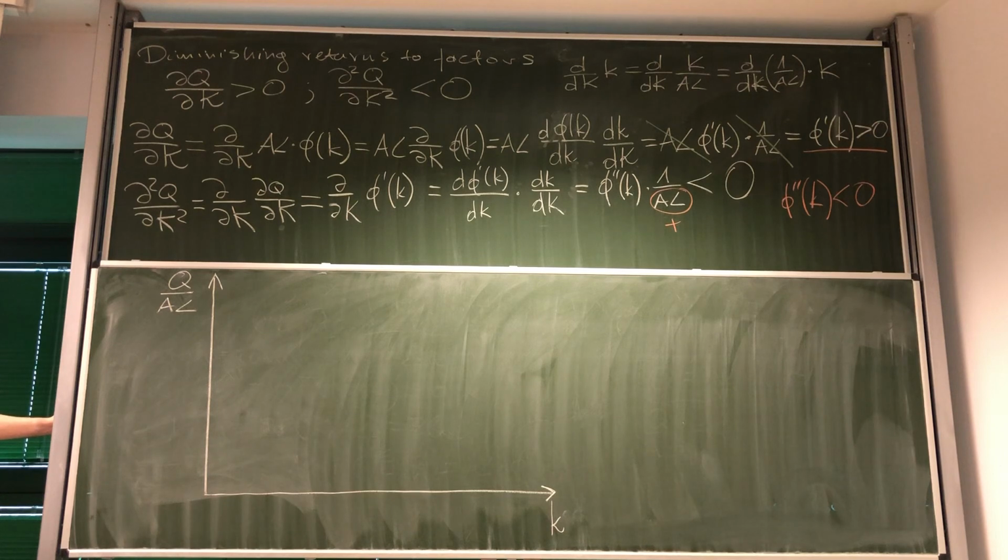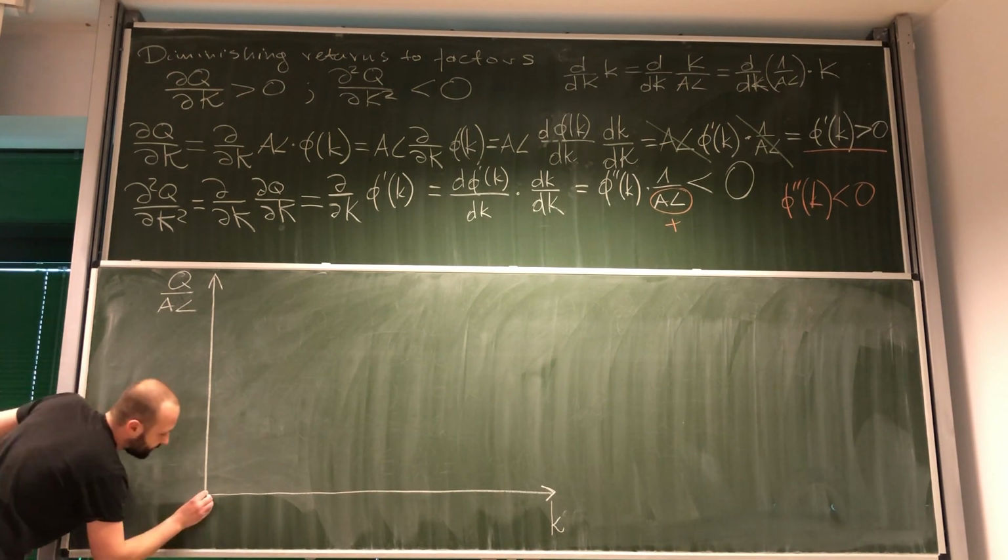Now, again, assuming that with no capital, we cannot produce anything, we're going to start at 0.